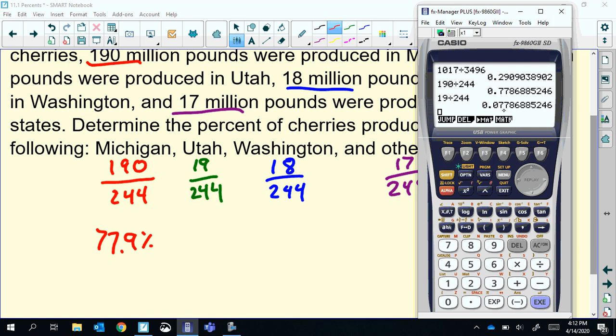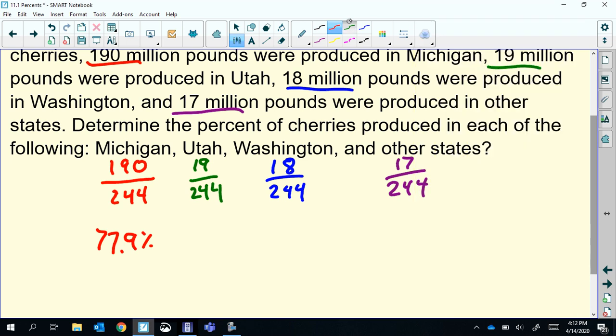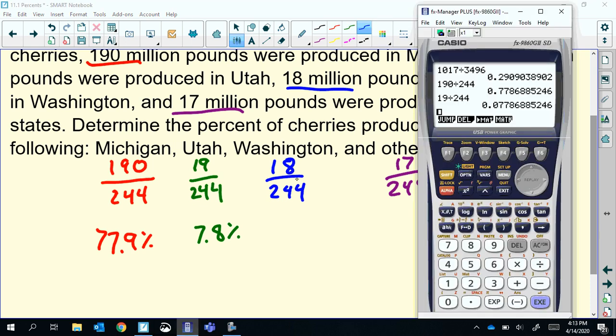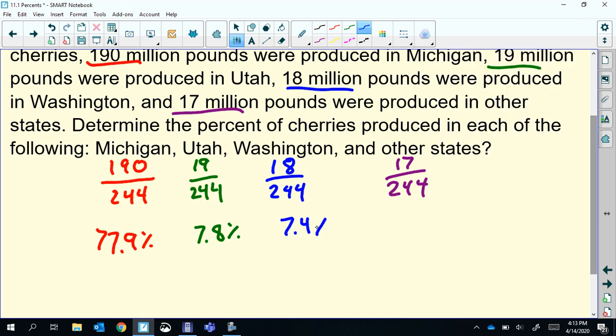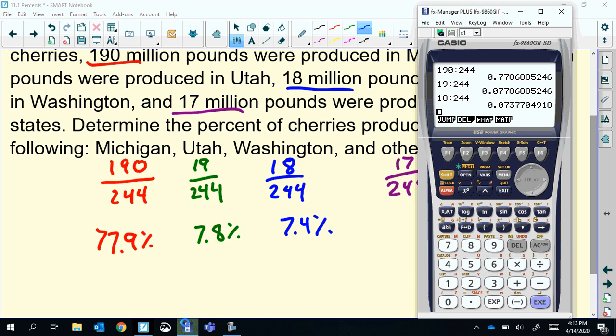And this would be, move it 2 spots, 7.78 or 7.8. 18 out of 244 would be 7.4%. And then 17 out of 244 for the last one, 6.96, so that would really just be like 7%.